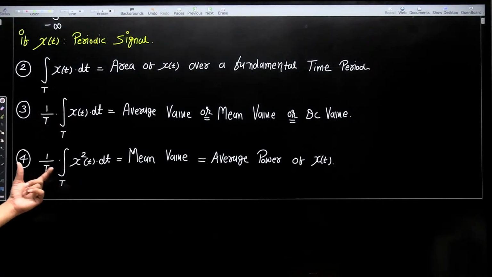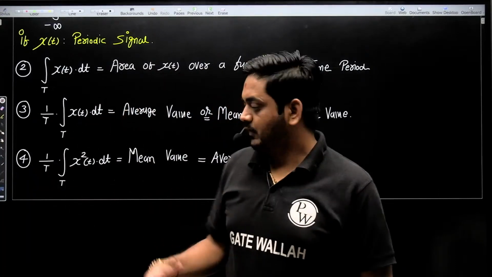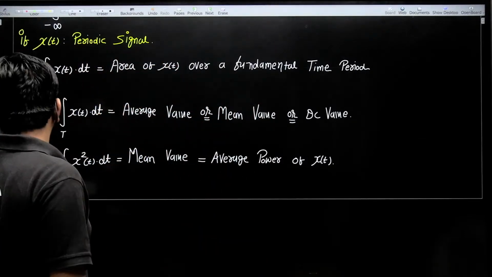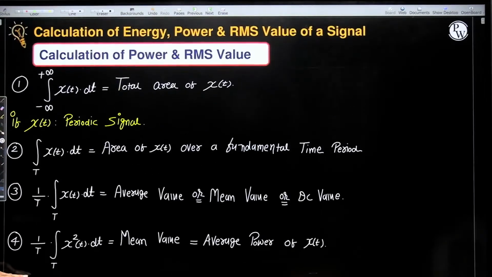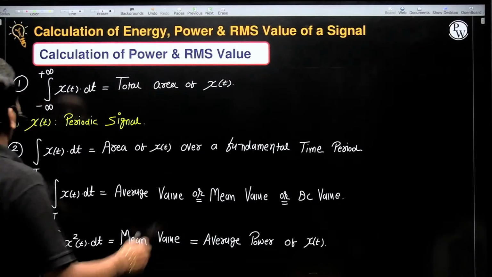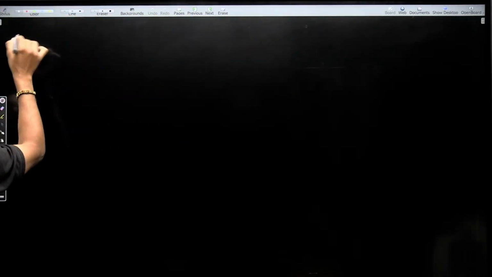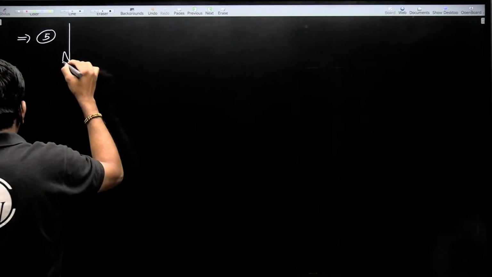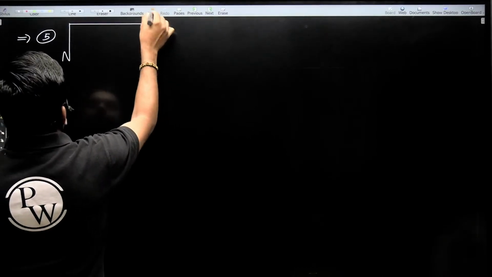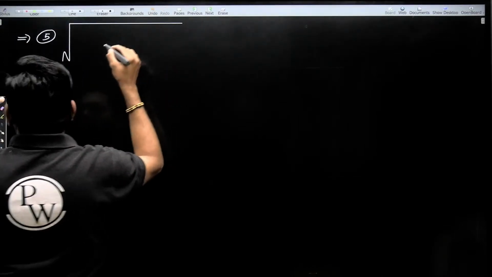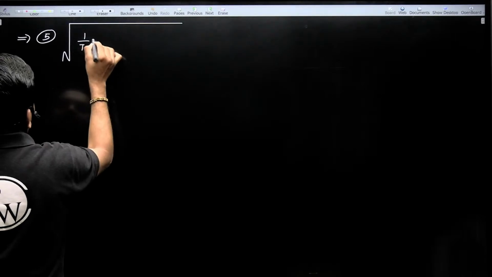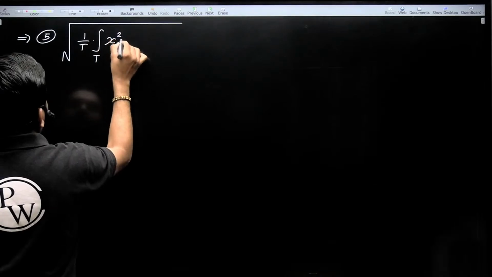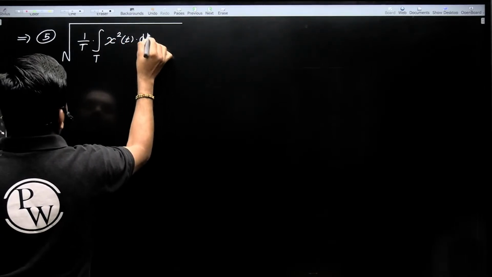Correct? And if you take the square root of this term, then it is known as the root mean square value, RMS value. Fifth number: under root of 1 by T integration over a fundamental time period of x square of t dt.